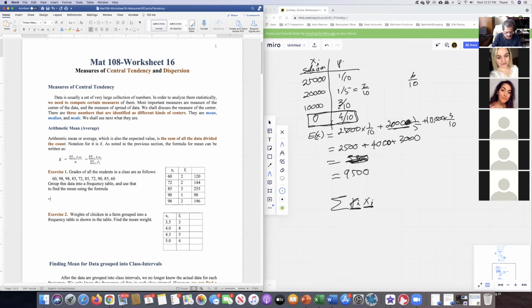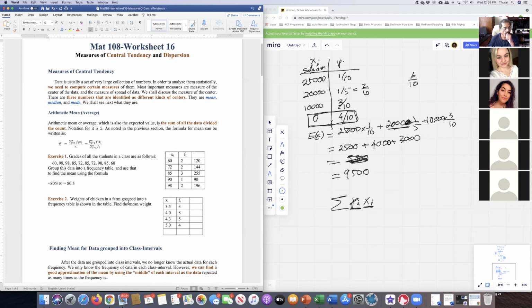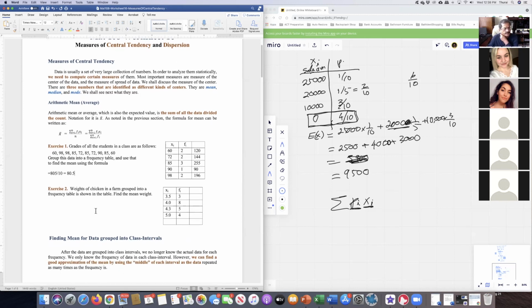So the mean equals 805 divided by what? The total frequencies, which is 10. There are 10 data. So we can either count the data or add up the frequencies. It's the same. So that's equal to 80.5. So that's your mean. It's also the expected value.